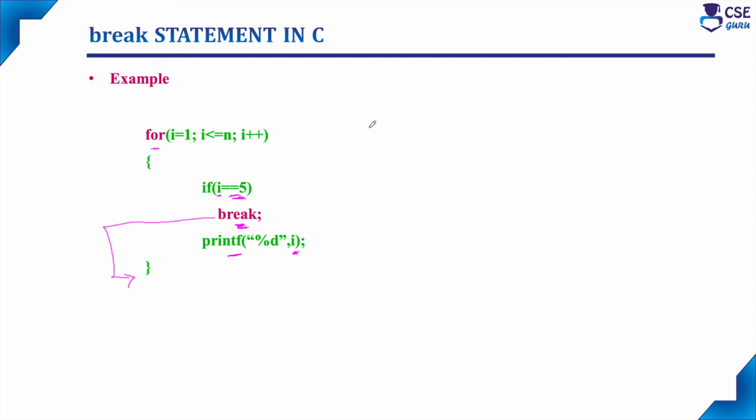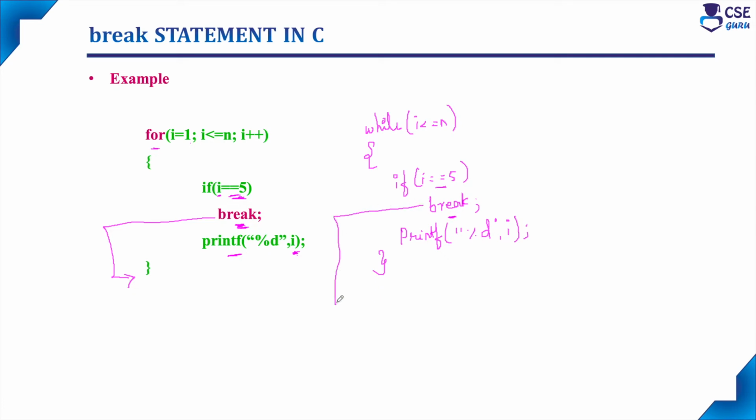We can use it in while also. While i is less than or equal to n, and inside the while loop, if i is equal to 5, it can break. When i reaches 5, the loop will simply terminate and the control will be transferred out of the loop. Similarly, in a do while loop, do, if i is equal to 5, just break.